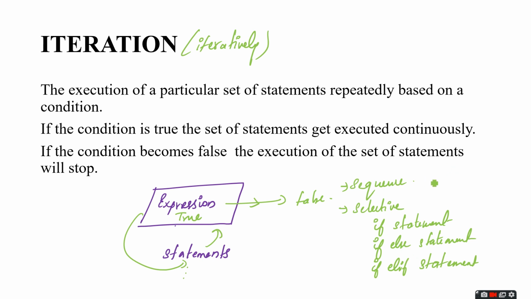And third one is the iterative or the iteration. In that, we are using for loop, while loop, and do while loop. For loop is there, no space, that's why I'm not writing here. While loop and do while loop. In this way, we can do the execution of a program. Now, in the coming videos, we will learn more about if statement, if else statement, if elif, then for loop, while loop, and do while loop.